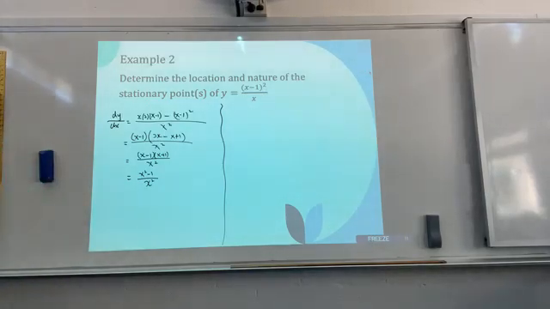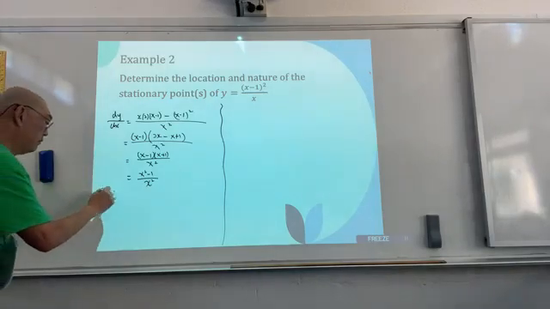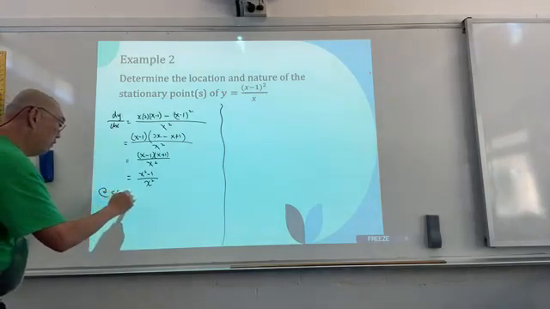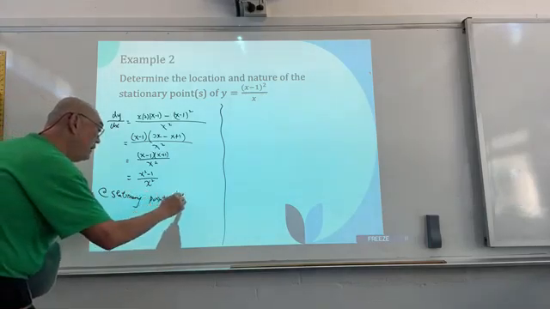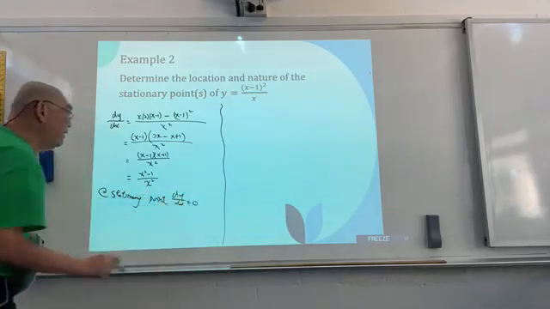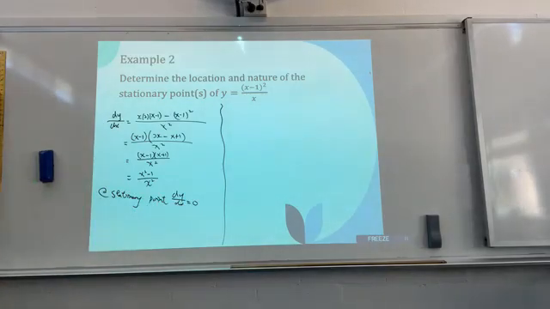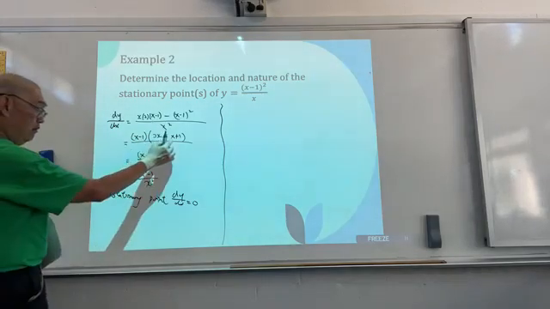I got negative x squared for the stationary point. dy/dx equals 0, correct? Now, x squared can never be equal to 0, because if it is 0, it doesn't happen.